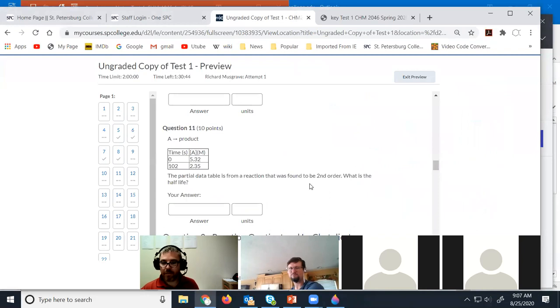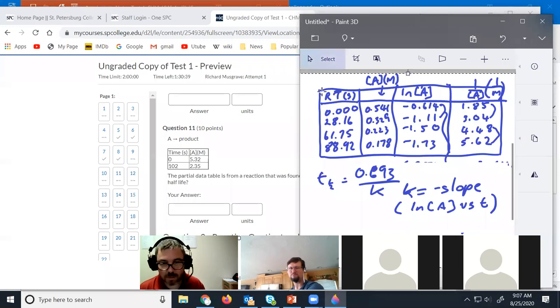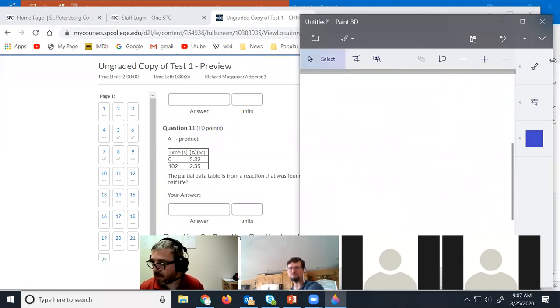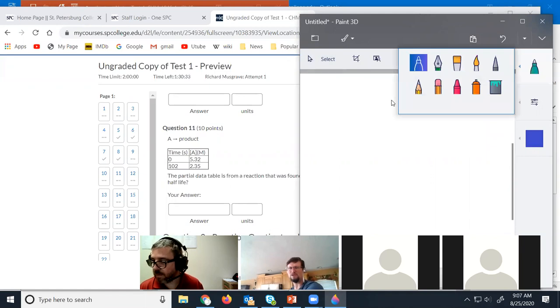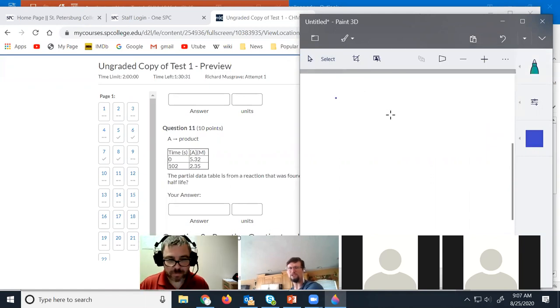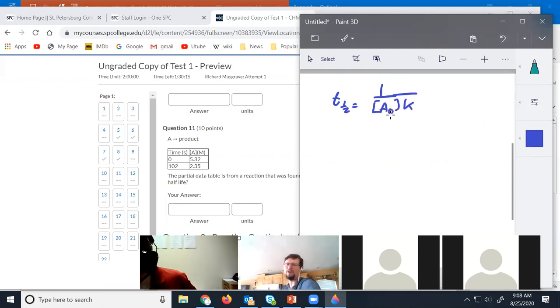The last one here is going to be the same kind of deal. T half equals 1 over A0 times K. So A0 in this instance would be 5.32 molar, which is the concentration at time equals 0.